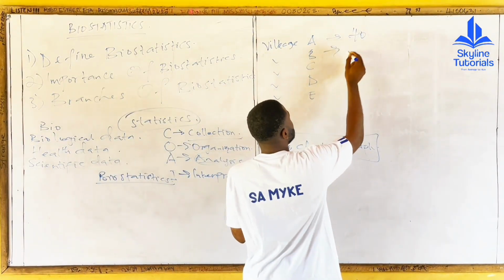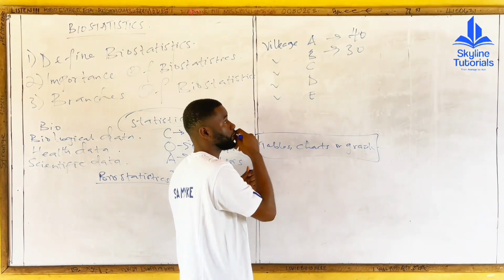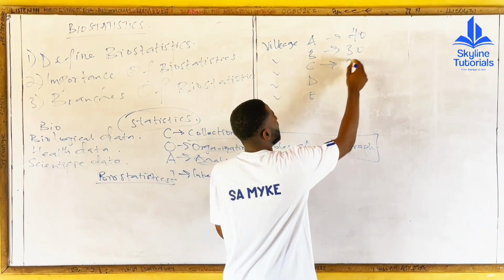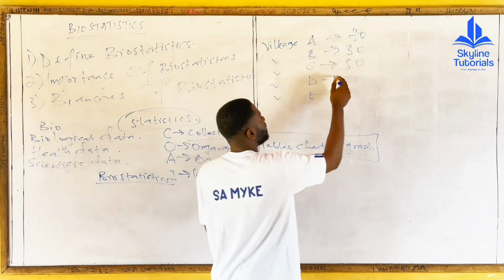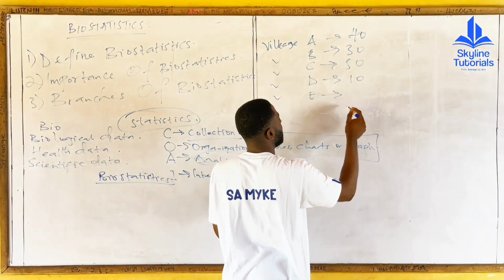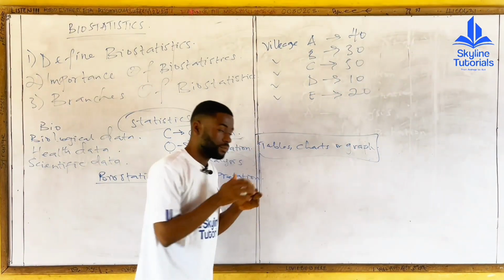Village B had 30. Village C had 50. Village D had 10, and village E had 20.